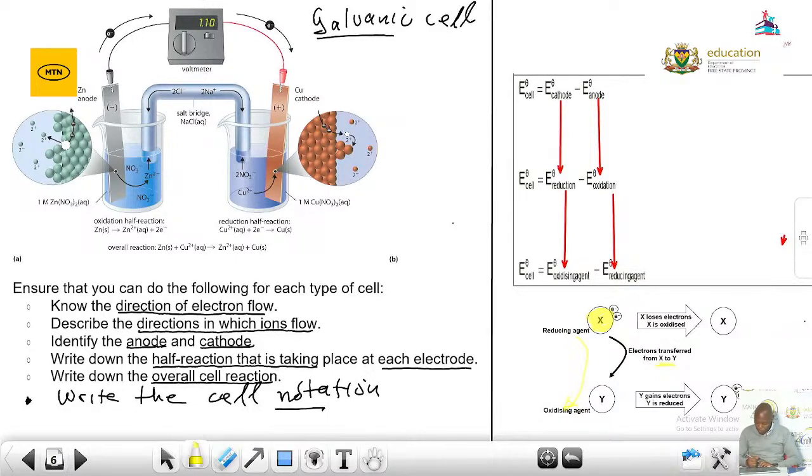But that is important for one to be in a position of identifying oxidation and reduction. Once we have identified that, we have actually answered question number 1, which is to know the direction of the electron flow. Also describe the direction of ions, and at the very same time identify anode or cathode.